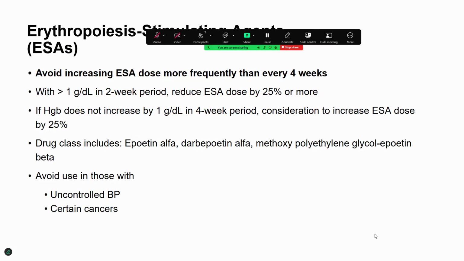It talks about dosing frequencies. Even though this is recommended per the guidelines, I still think a provider might have a few tweaks and be a little bit different. So these guidelines could vary a bit based on the provider. Avoid use with uncontrolled blood pressure and certain cancers.